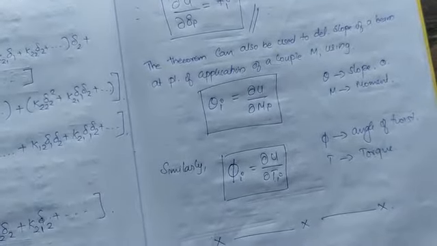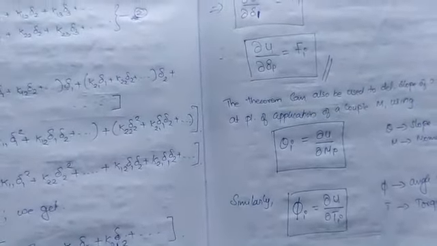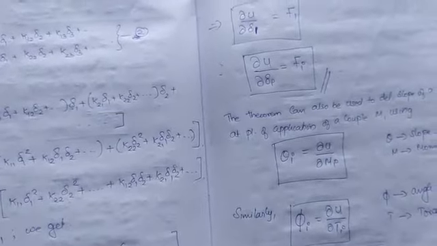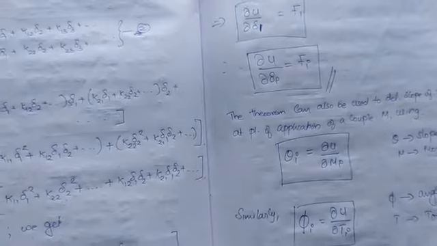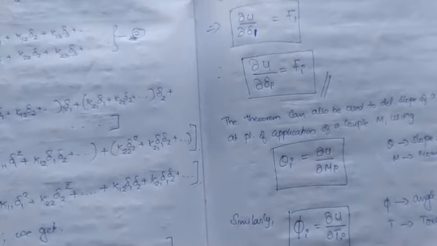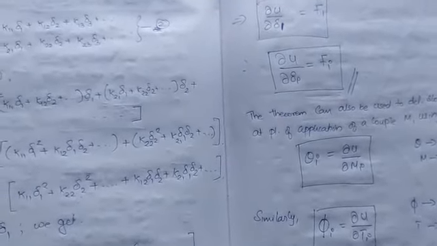Okay, clear? And in most cases, Castigliano's theorems will be asked together. That means, in some books, the first theorem we have explained is presented as the second theorem. There can be changes in the order of first and second theorem.